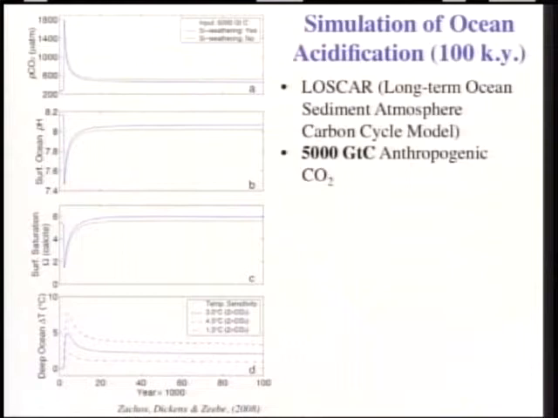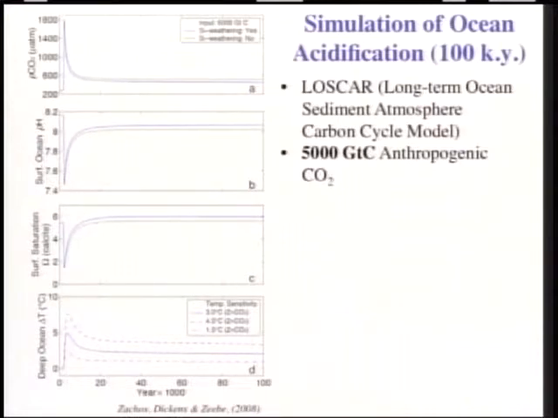You can project this out 1,000 or 100,000 years in the future, and these are the sort of time scales that geologists like to think about. And here's a simulation that was run using a box model. I'll say more about the box model a little bit later, LOSCAR. It's a standard carbon cycle box model set up to study effects of emissions of large masses of carbon, in this case 5,000 gigatons of anthropogenic CO2 being released over about 5 centuries.